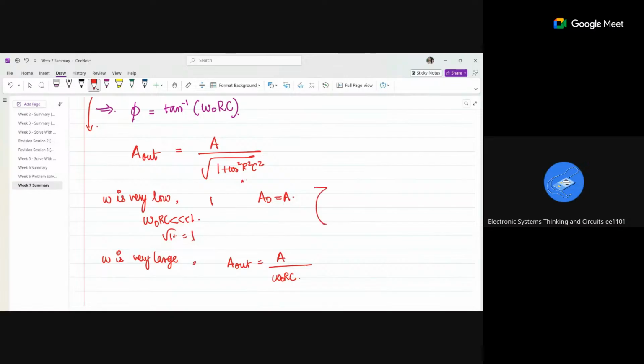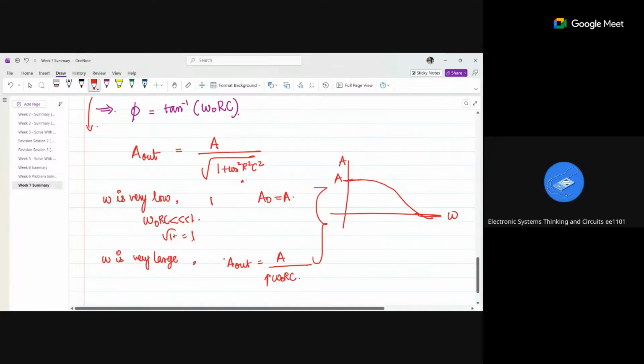So from this itself we can see the graph: this is my amplitude, this is my omega. Initially it is A and it reduces like this. If omega keeps increasing, A out will be reducing, right? That's why the graph has this trend.